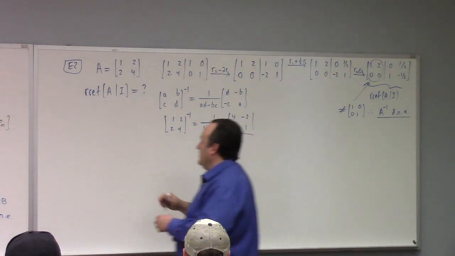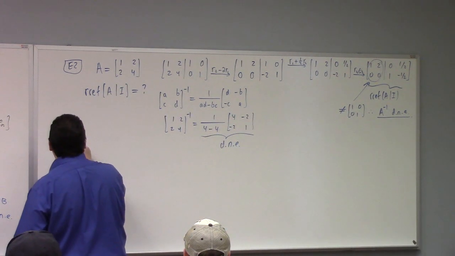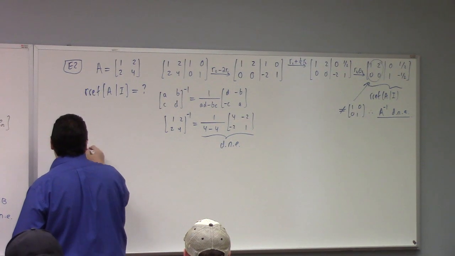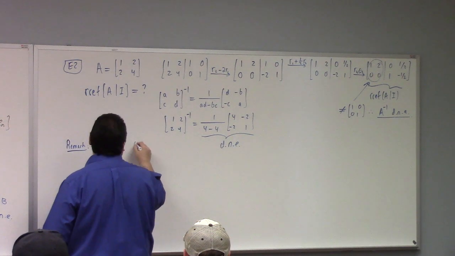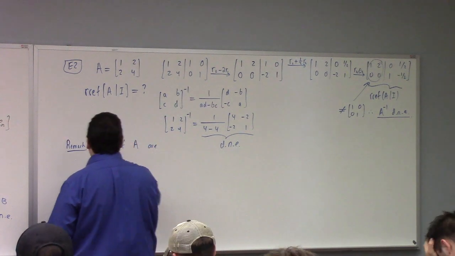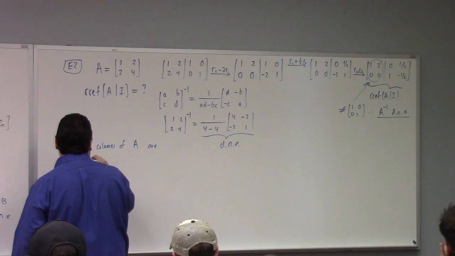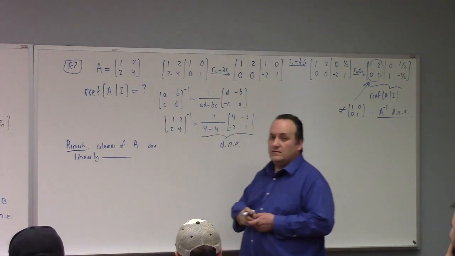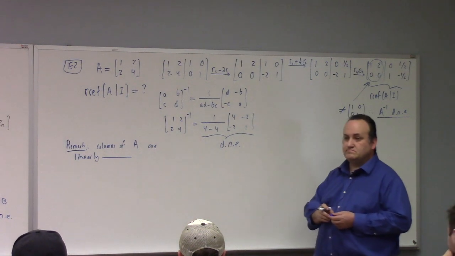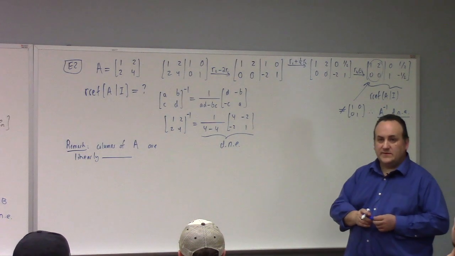So how about the remark? Let me make a remark here. Columns of A here are linearly what? Blank. Are they linearly independent? Are they linearly dependent? What do you think? Linearly dependent. They're linearly dependent, right?